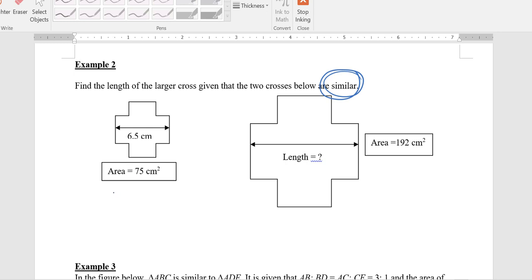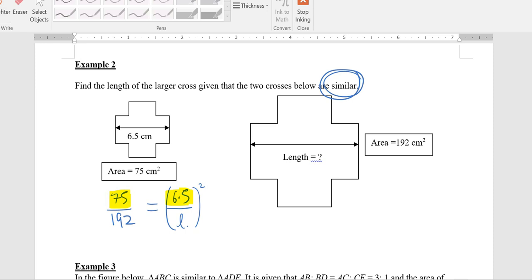So I can use 75 over 192 equal 6.5 over the length that we want to find, squared. Now, it is okay to put 192 first instead of 75, but if you have decided to put the smaller area first, then you have to standardize by putting the smaller length on top as well on the other side of the equal sign. So they must be matching.